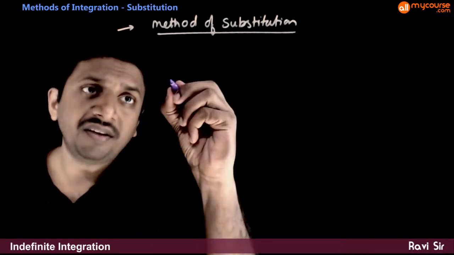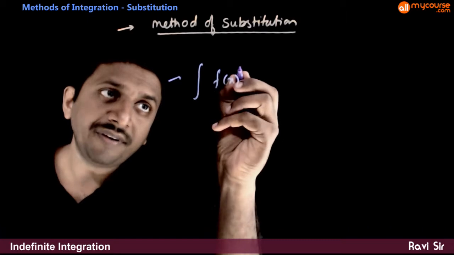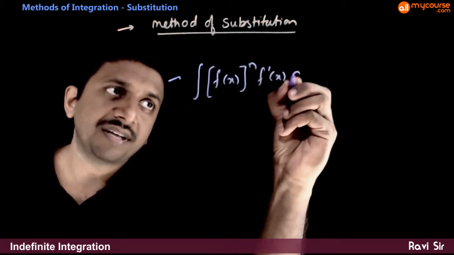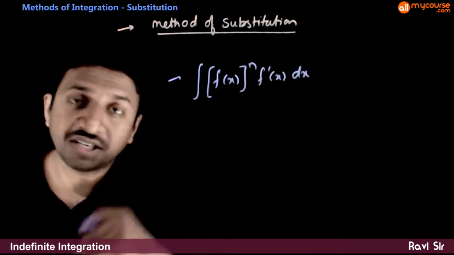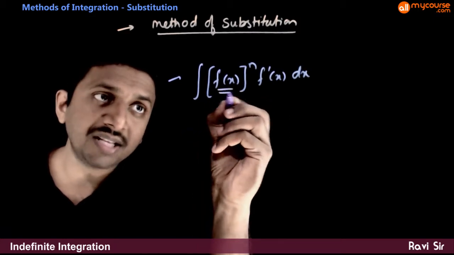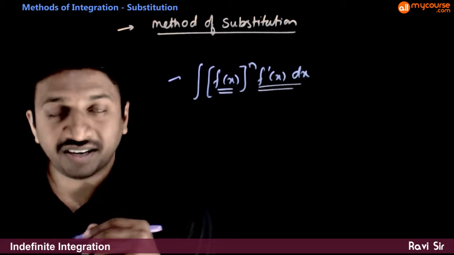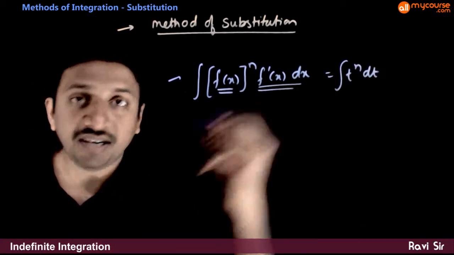And next, if the integrand is of the form integration of f of x power n times f dash of x dx. So in this case, again you can assume f of x as t, f dash of x dx becomes dt. So this becomes integration of t power n dt.